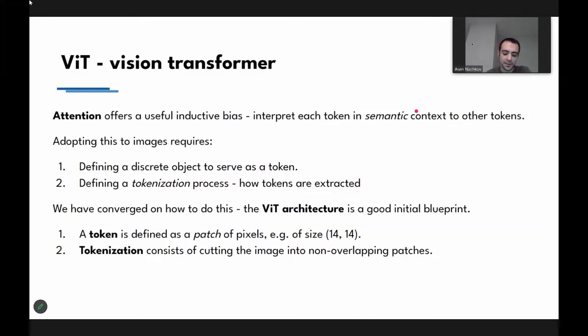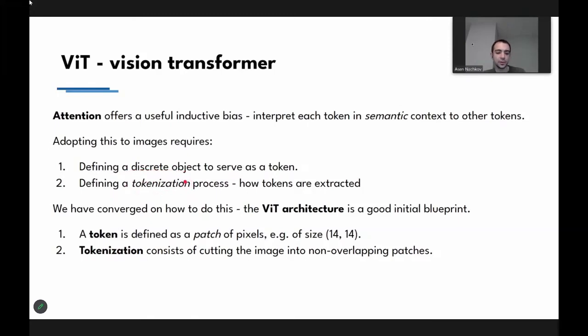So the question comes, is it possible to apply this inductive bias of attention also to vision? And in principle, to follow the same exact process that we followed in NLP, we need to solve 2 tasks. We need to define what will serve as a token, and we need to define how we will extract tokens from an image. This is basically the tokenization process.